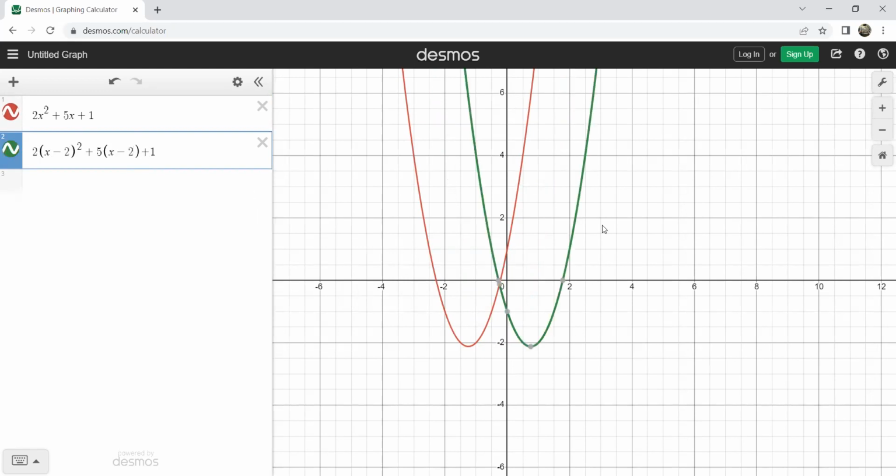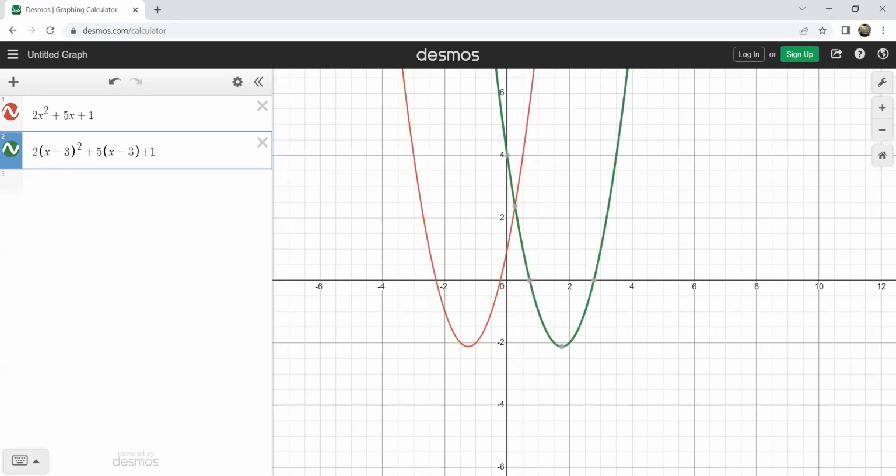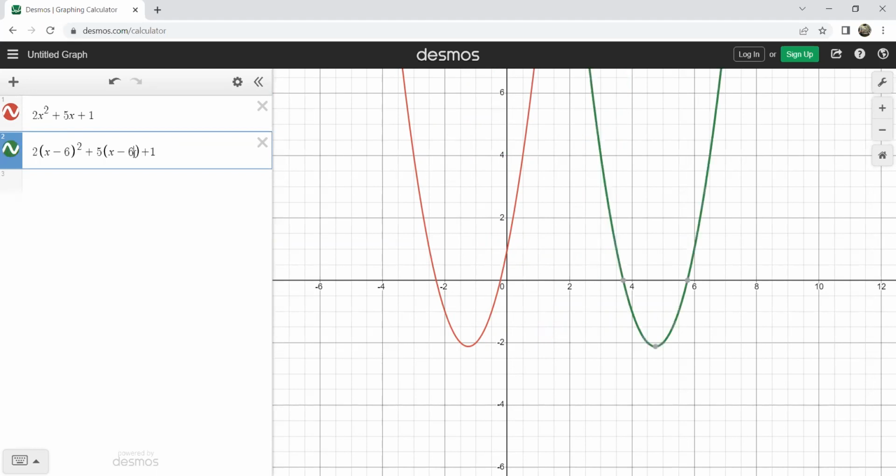Wow, the graph is moving further away, more shift to the right. Subtracting 3, see what's happening. I'm just subtracting some numbers and it moved further away from the original graph. Subtracting 6 from x, now you see this is on the right-hand side, running away from your original graph.